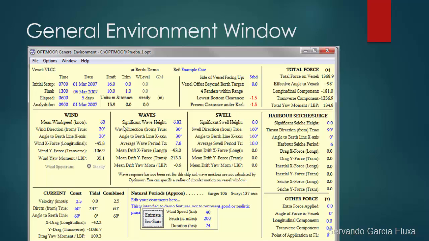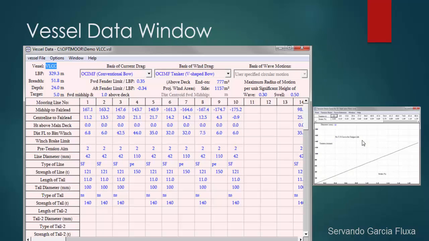Once you have filled this general environment window, you're gonna define the characteristics of your vessel. It's a vessel data window. Here you can define the name of your vessel, the length between perpendiculars, the breadth, depth, and draft.